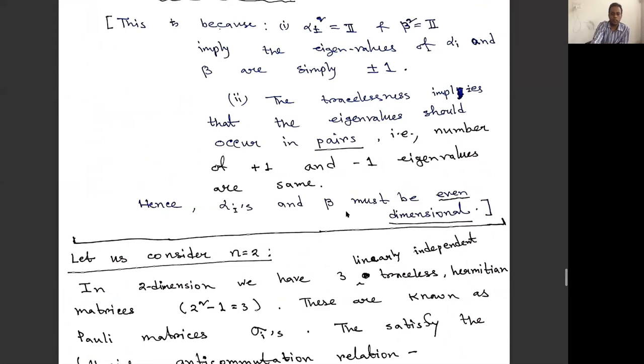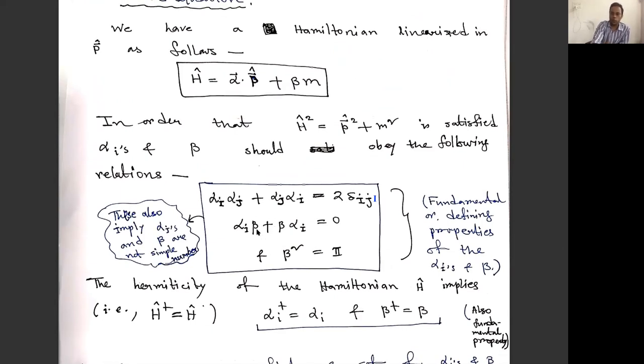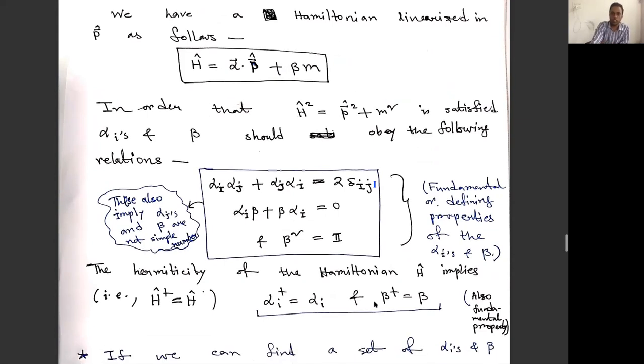But I need a beta also, which anticommutes with the alphas. The sigma i's anticommute among each other, and the alpha i's also anticommute among each other. So I can take the alpha i's to be my sigma i's, and I need another beta also, because beta is also a traceless Hermitian.